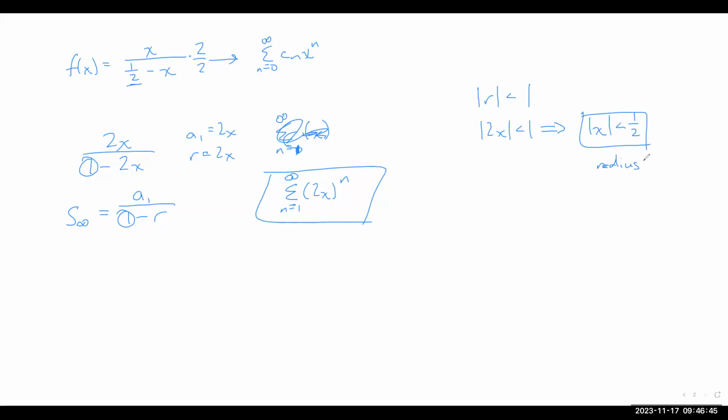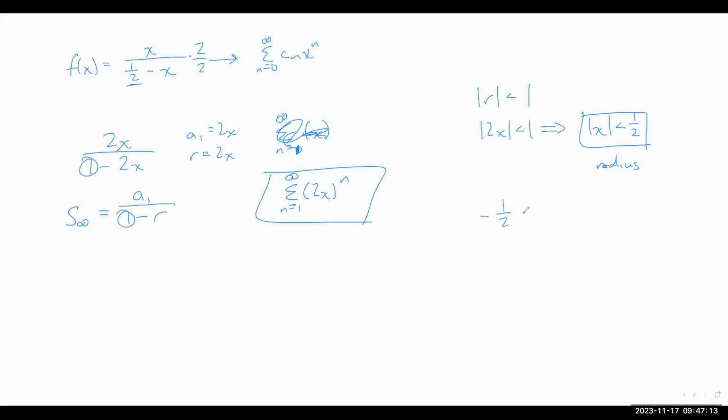I'm not really telling you where my center is. I'm just telling you that as long as I'm within half a unit from that center, the series will converge. So what does the interval of convergence tell you that the radius of convergence does not? It tells you where the bounds are. Let me give you an example that's not related to this.